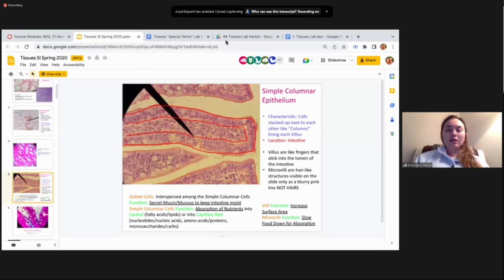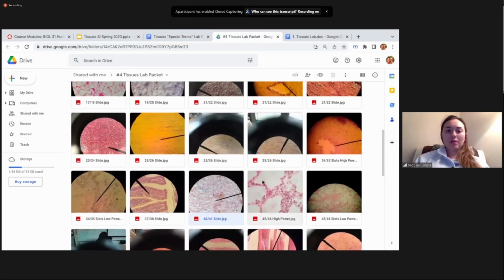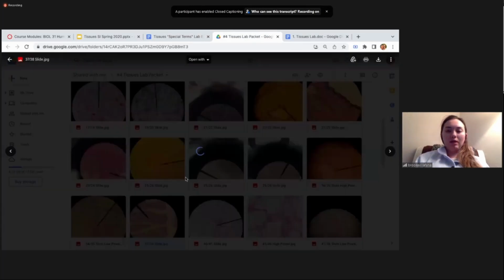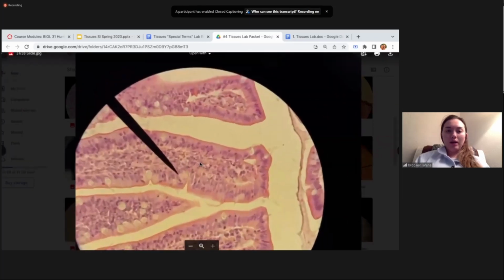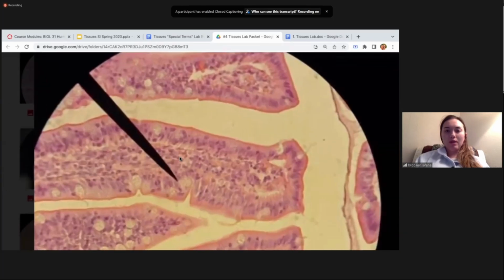It takes a little bit of imagination at first and you feel like you're really pushing your imagination, but it is there. So I'll show you another example, and then we'll get into the different special structures with it. When we zoom in on it, because this is our same slide, you can see how we have all of these cells in a stack and they just follow along that villus line.